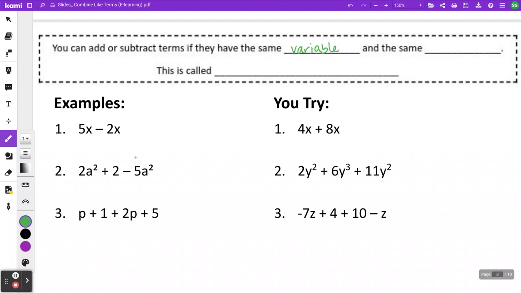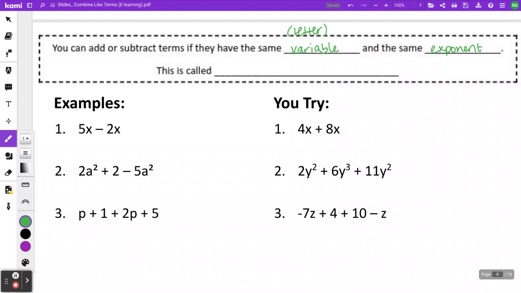You can only add or subtract terms if they have the same variable. And if it helps, you can write a little reminder to yourself. We know that a variable is a letter. So they have to have the same variable, and they have to have the same exponent. It's been a few lessons since we saw that word exponent last.